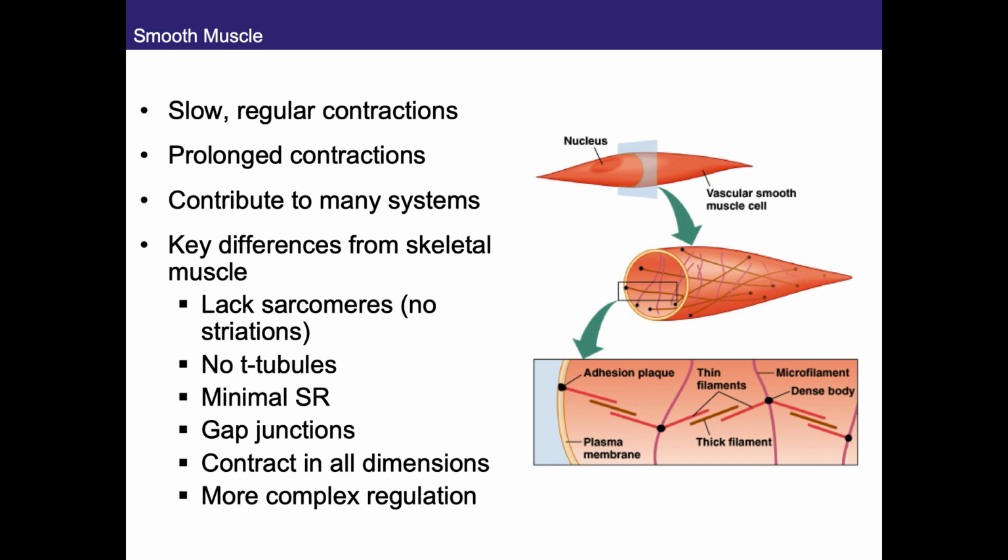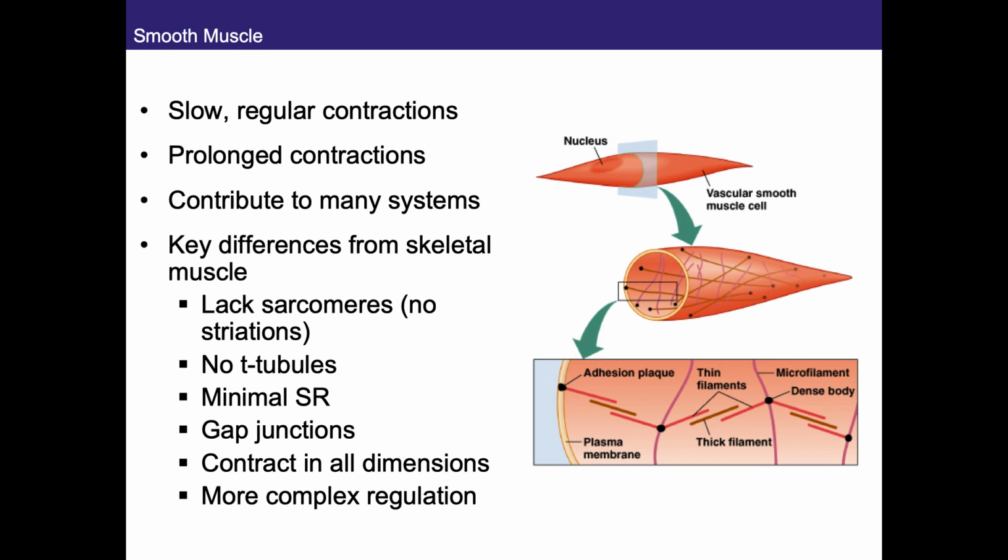You're actually redirecting a lot of the blood back to your core organs, like your heart and your brain, in case you have to run or be strategic about fighting. So those are prolonged contractions that can cause vasoconstriction. And smooth muscle contributes to many different systems. We're going to be talking about this with the GI tract, obviously, kidney.